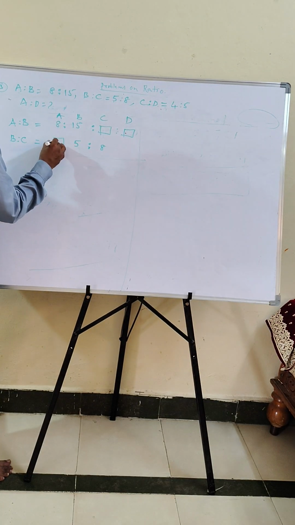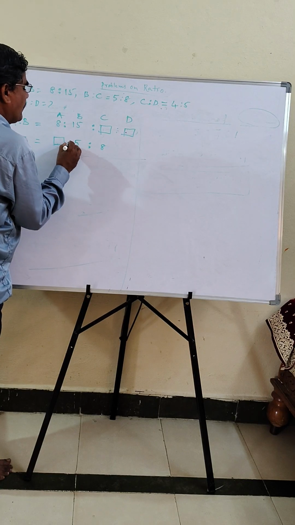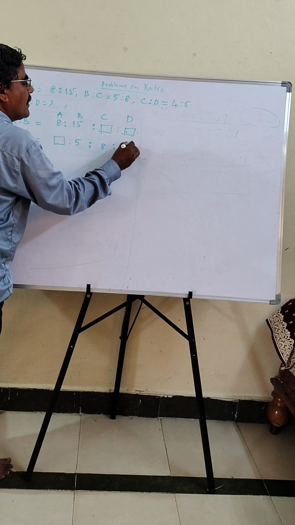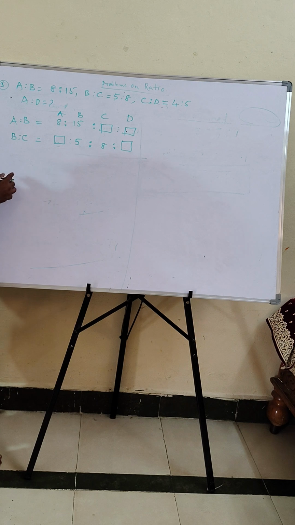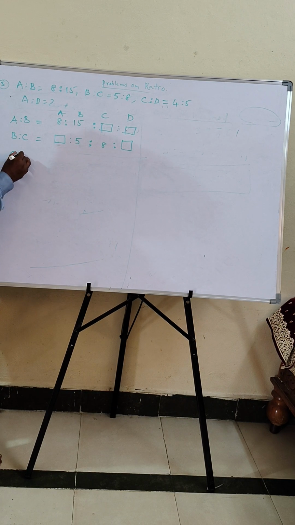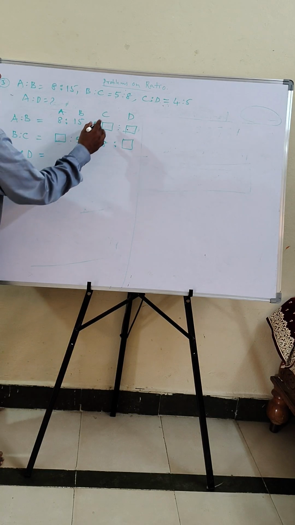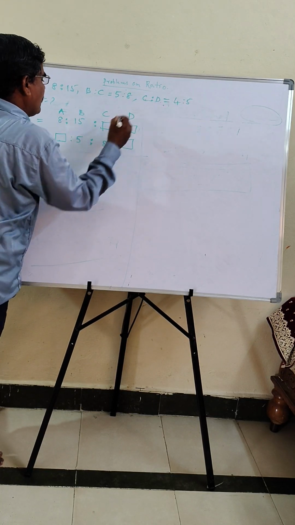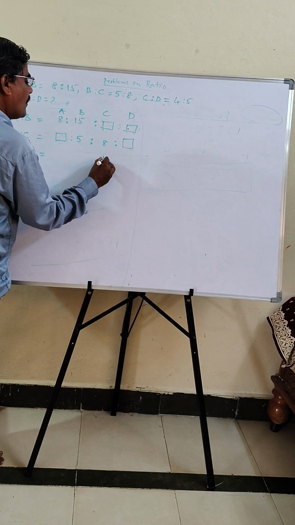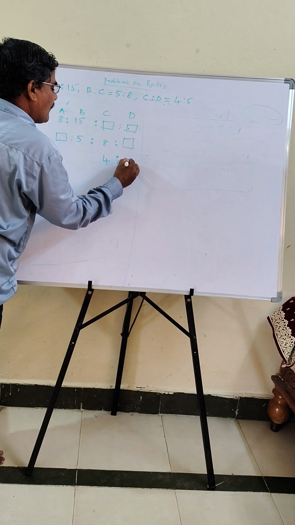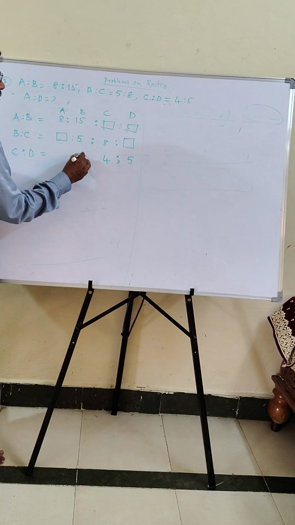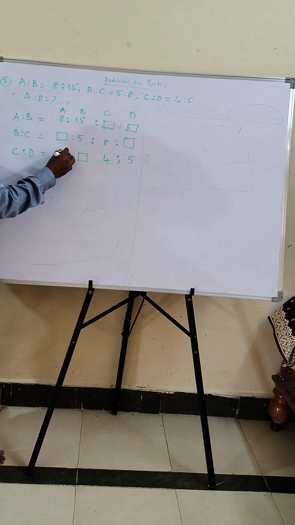There is no A, there is no D. Similarly, C is to D equal to, C value 4 is to D value 5. There is no B, there is no A.